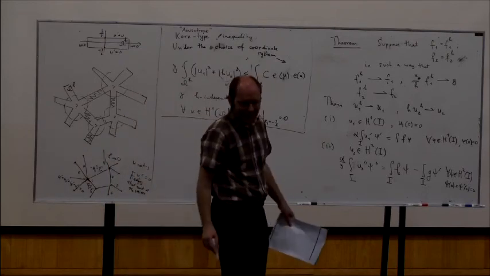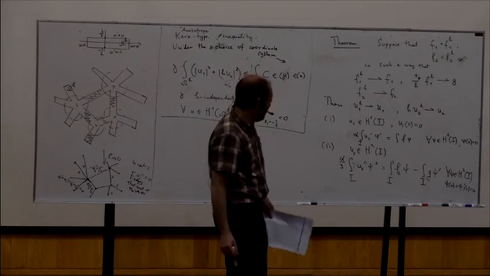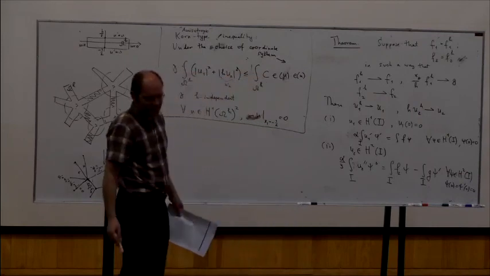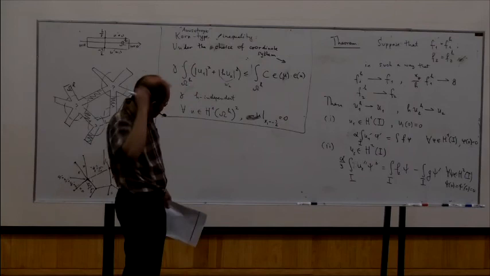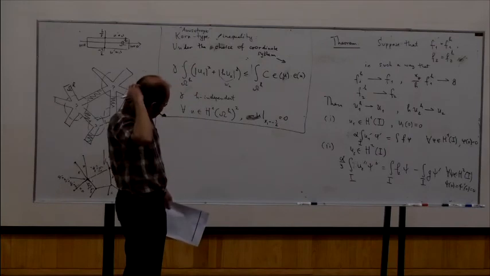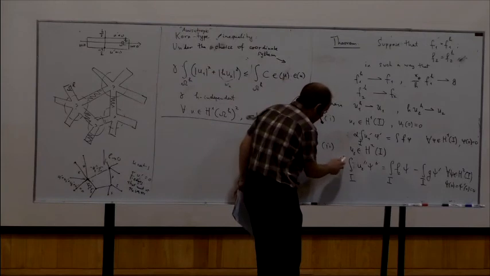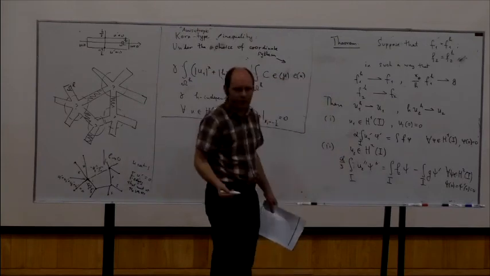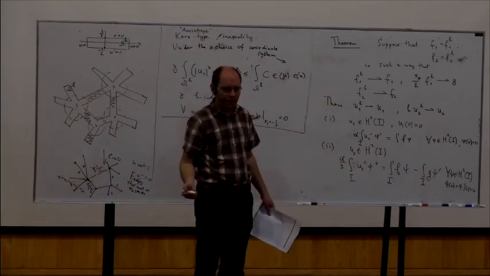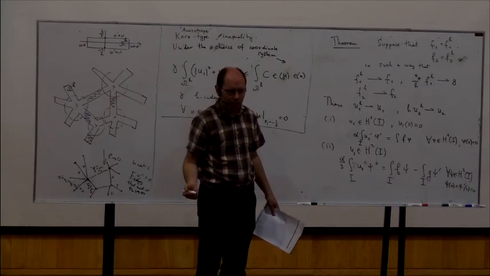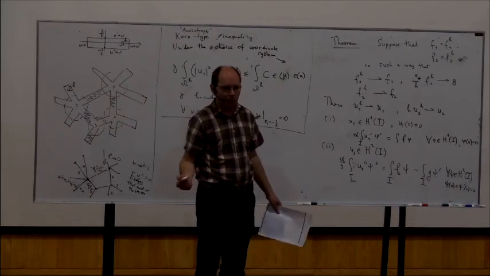But it comes from, I mean, it's the same sort of constant as 2 in the expression lambda plus 2 mu. Where does 2 come from?